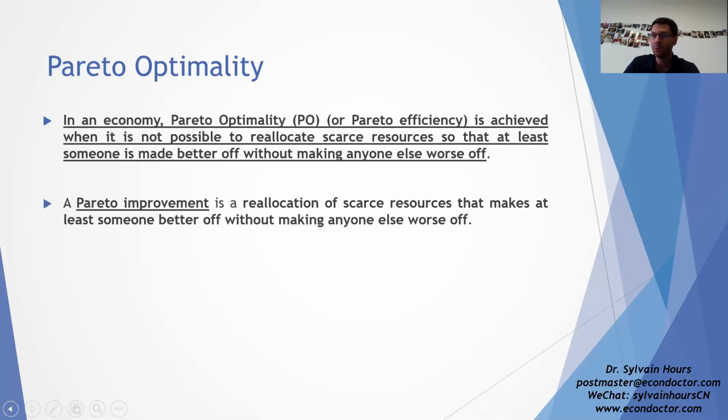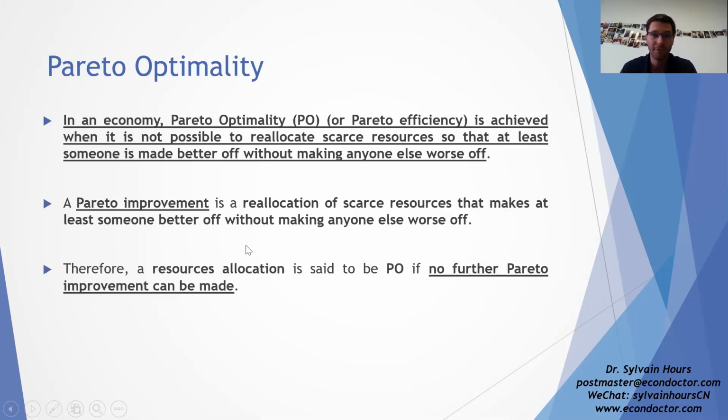You don't have to, but you can define the concept of Pareto improvement. A Pareto improvement is a reallocation of the resources that improves the satisfaction of at least one economic agent, without making anyone else worse off. Why can it be useful to define the concept of Pareto improvement? Simply because then you can say that a resource allocation is said to be Pareto optimal if no further Pareto improvement can be made.